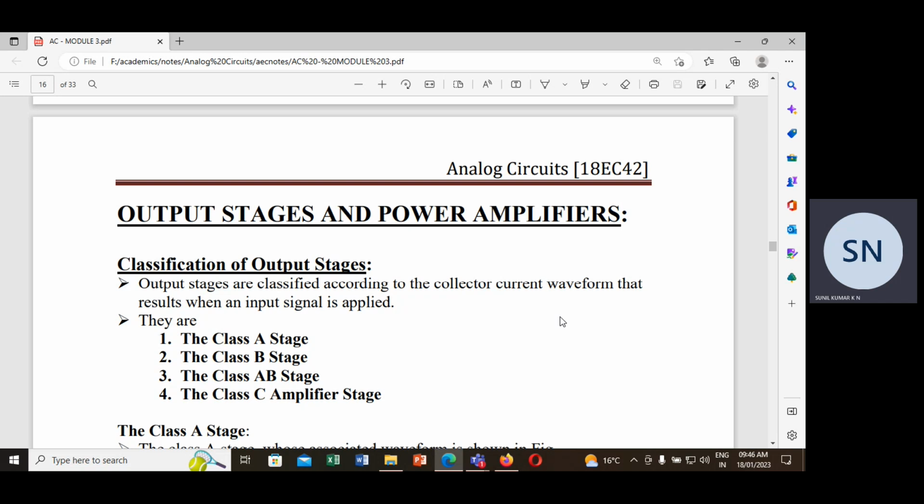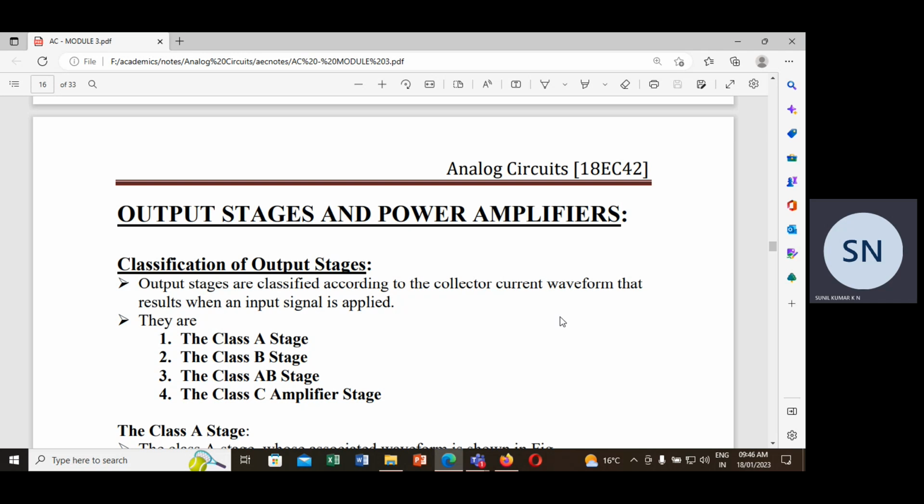A is the open loop gain multiplied with beta, that is the feedback gain. So the closed loop gain will always be less than the open loop gain by a factor of 1 plus A beta. This is the only drawback which you are going to find in the case of negative feedback.